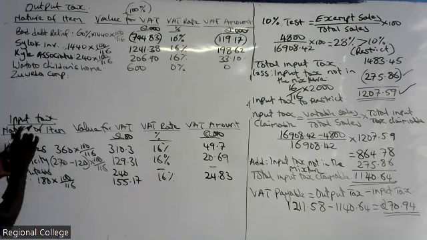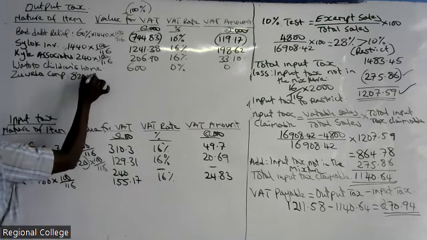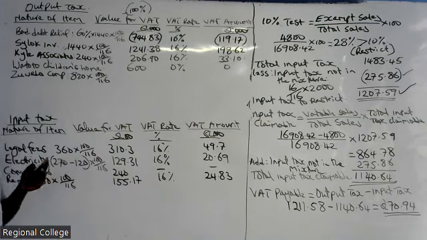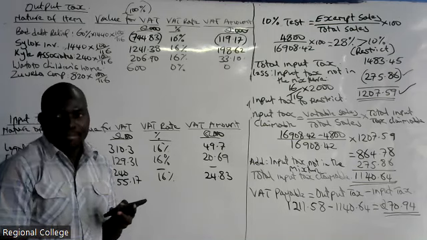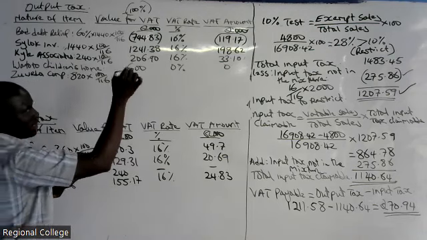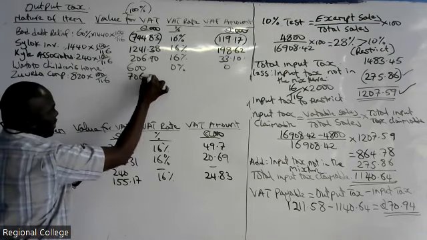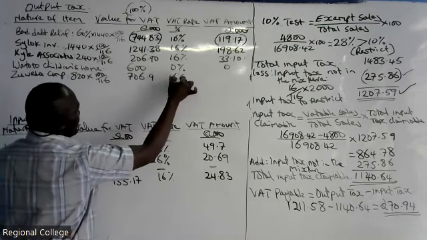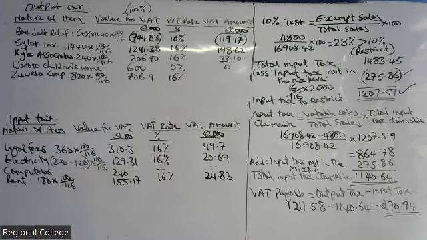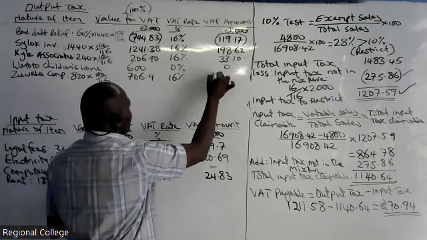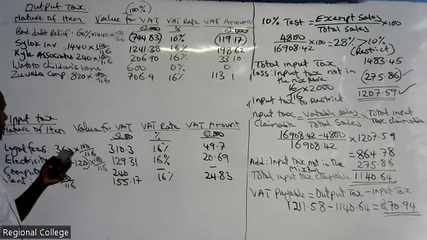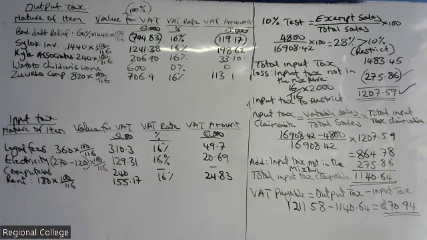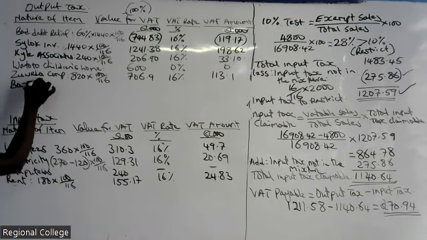Zuela computers: 820 times 100 over 116, giving us how much? 706.9, times 16% gives 113.1. Then Venezuela, strategic planning, in Rwanda.